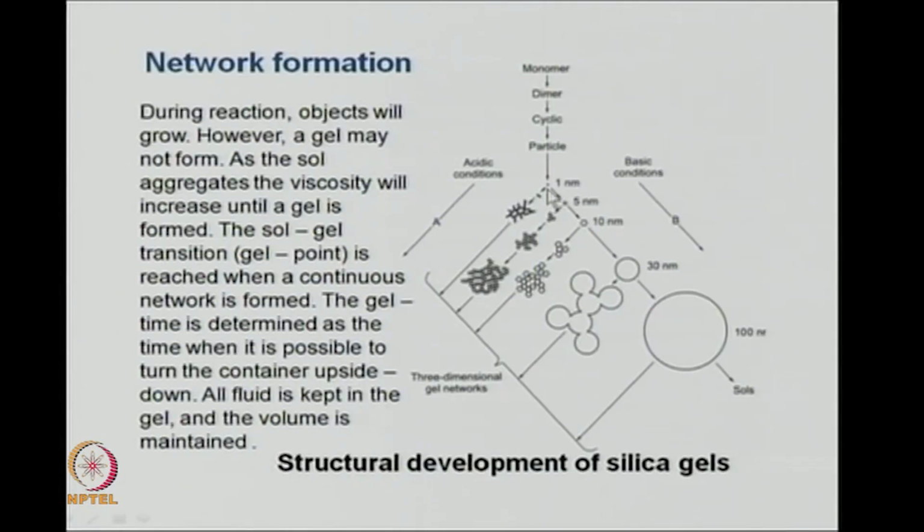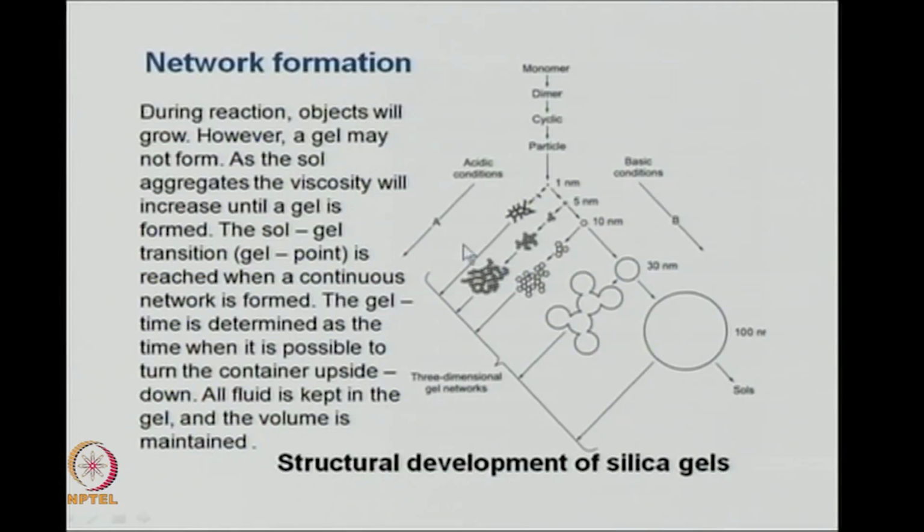And then what happens if you have acidic conditions, and what happens when you have basic conditions. When you have basic conditions, you can see that this particle is growing to larger and larger size, and you can get a very large particle dispersed in the liquid.